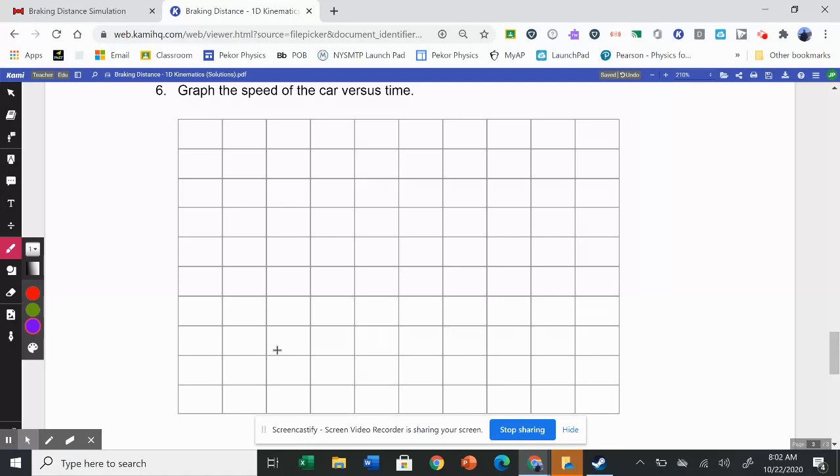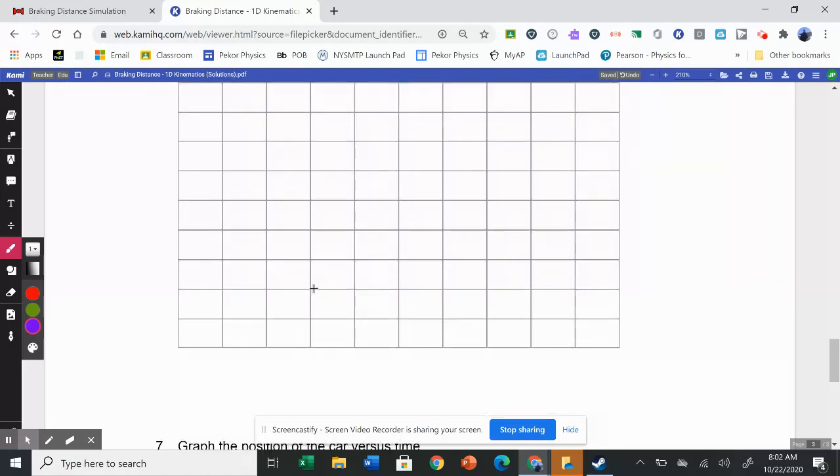So now graphing this. If I make my time axis 0, 0.5, 1, 1.5, 2, and 2.5, and the speed axis 5, 10, 15, 20. For the first 0.2 seconds, which would be over here, the car is constantly going 15 meters per second.